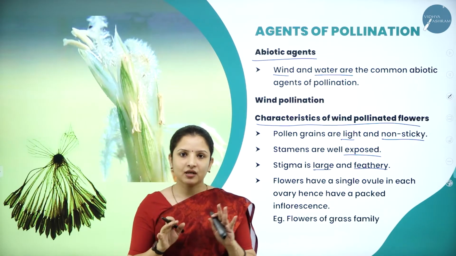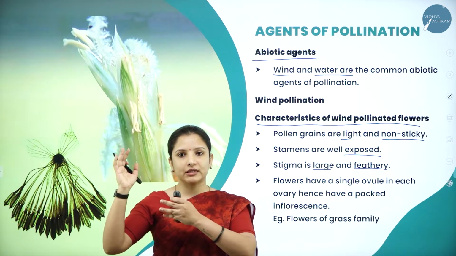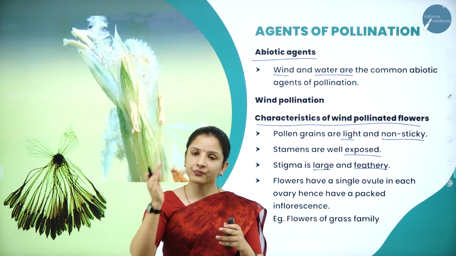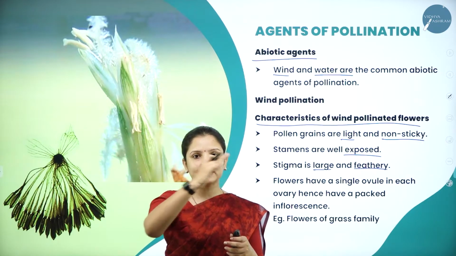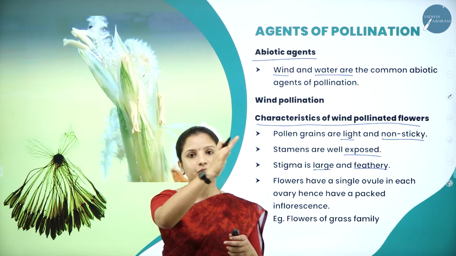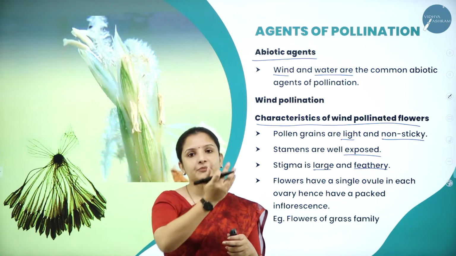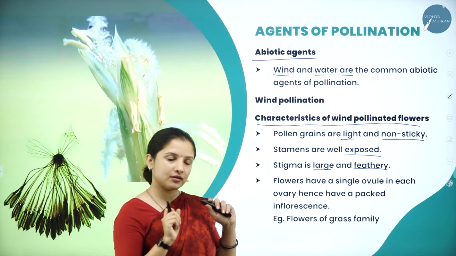So it is easy. But in the case of wind, the wind will simply carry the pollen grains. It is the function of the stigma to sweep the pollen grains from the wind, right? If it is fan-like and moves easily in the wind currents, whatever pollen grains are traveling in the wind, it will easily be able to capture. That is why the stigma should be large and feathery.